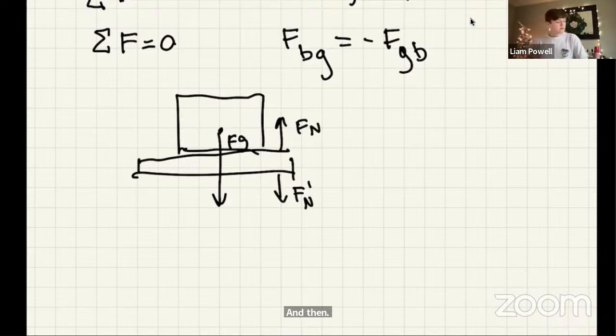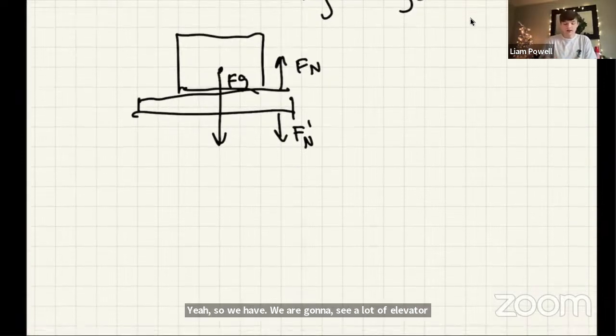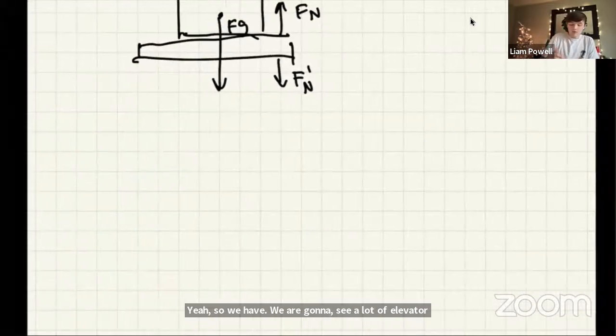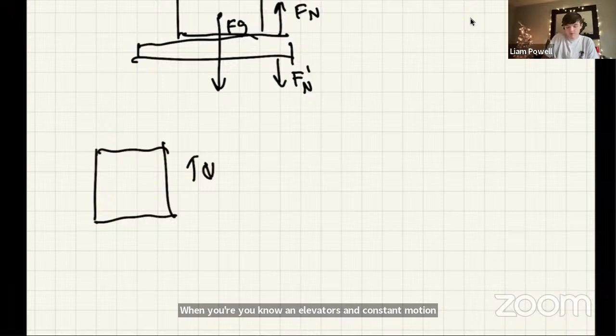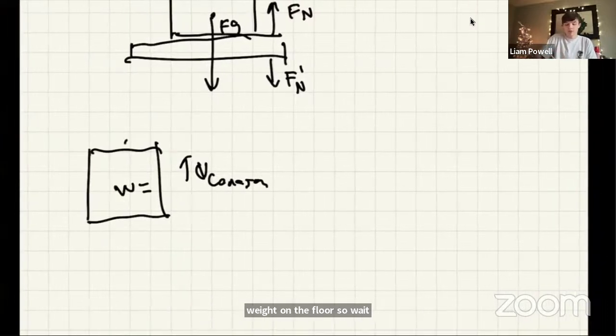Yeah, so you're going to see a lot of elevator problems in this unit. When an elevator's in constant motion, so velocity is constant upwards or downwards, your weight is going to be equal to your weight on the floor. So weight does not change.